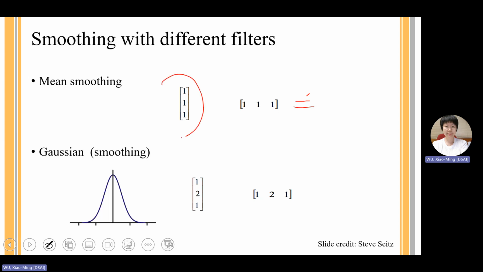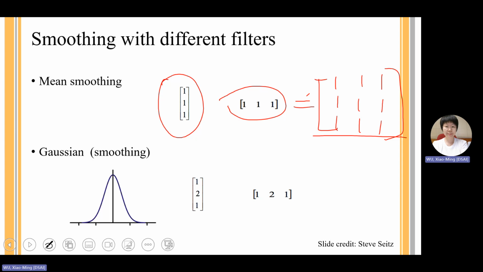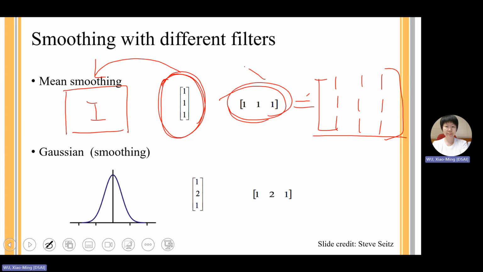If you multiply this with this, this is the result of the 3x3 filter, right? This is our moving average filter, okay? So in effect, given an input image I, you can apply this filter to this image, and then further apply this filter, which will be equivalent to applying the 3x3 filter to the image.